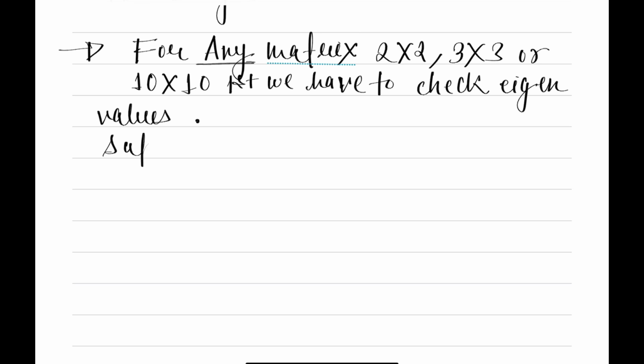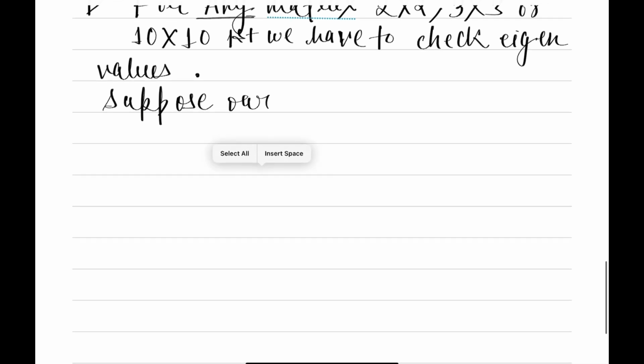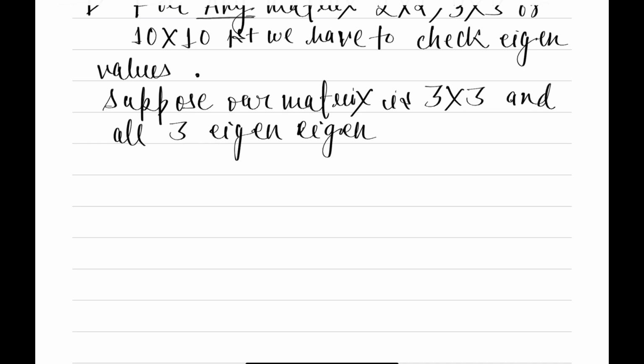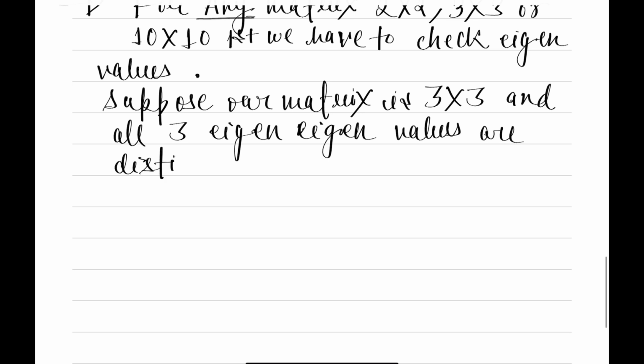Suppose our matrix is 3 cross 3 and all three eigenvalues are distinct or different.